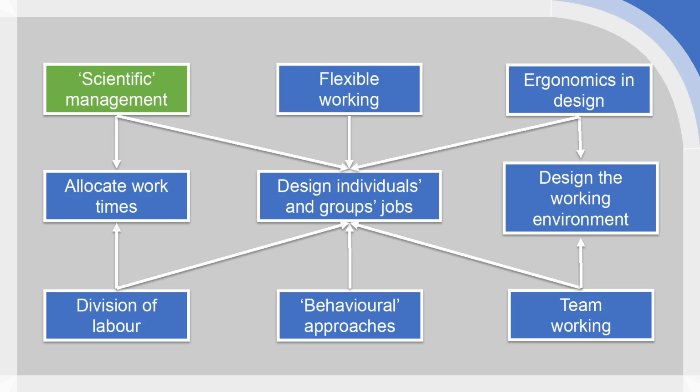Once you've identified what the most efficient or effective manner of doing a particular job is, then that can be designed into the job itself to ensure maximum output, maximum efficiency, and minimum waste.